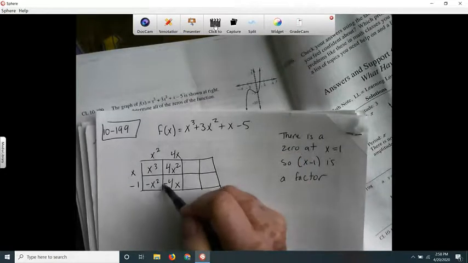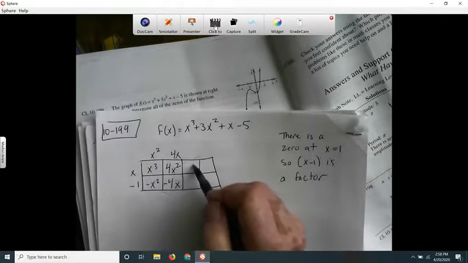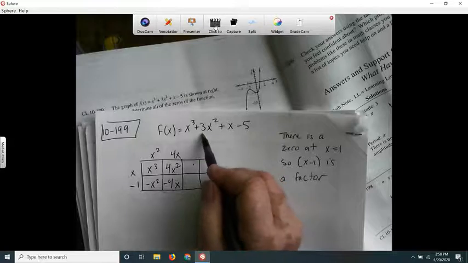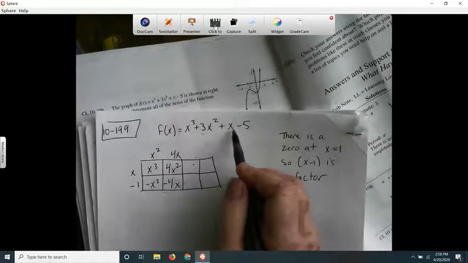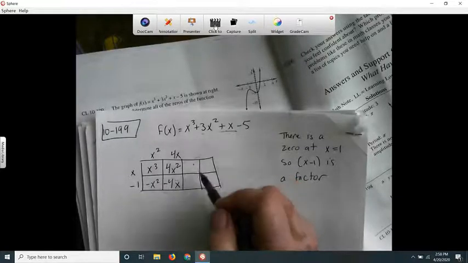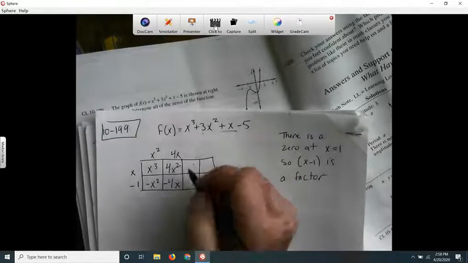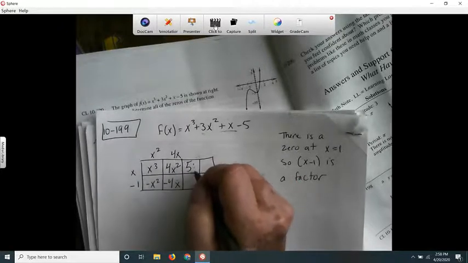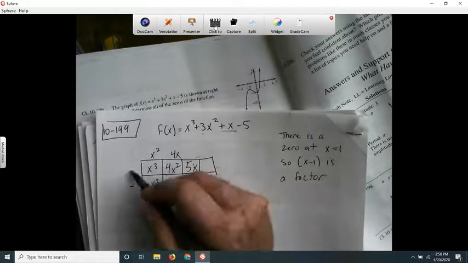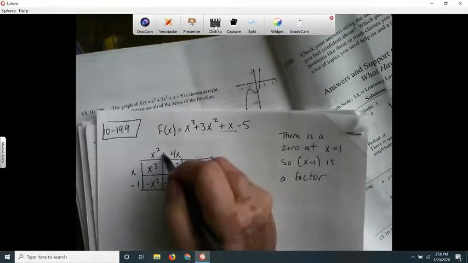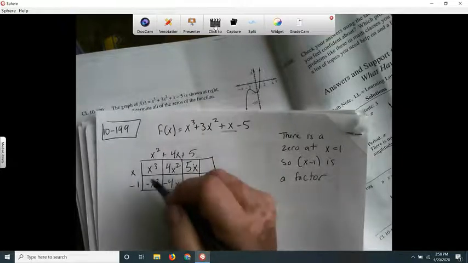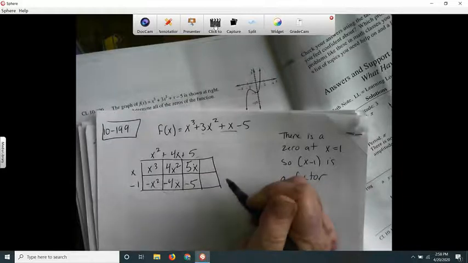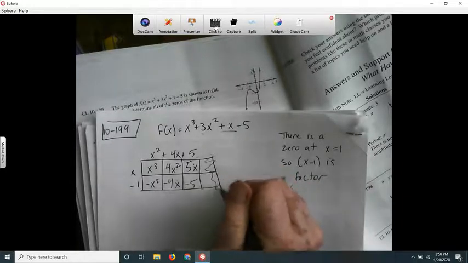And then these diagonals, this one and this one, have to add up to make the x term. So they have to add up to make 1. So I think this is going to be 5x. And that forces this up here to be a 5. I got no extra parts.